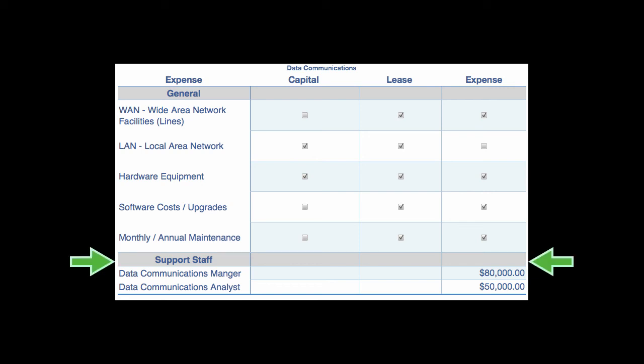Support staff, again, maybe a manager, maybe an analyst, maybe both, or maybe outsourced. So again, if it's outsourced, take a look to see if there is an additional line item charge for that kind of support. So that's data communications.